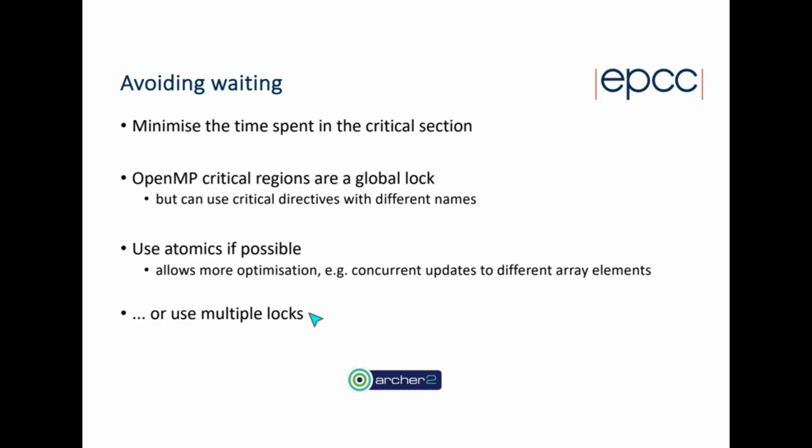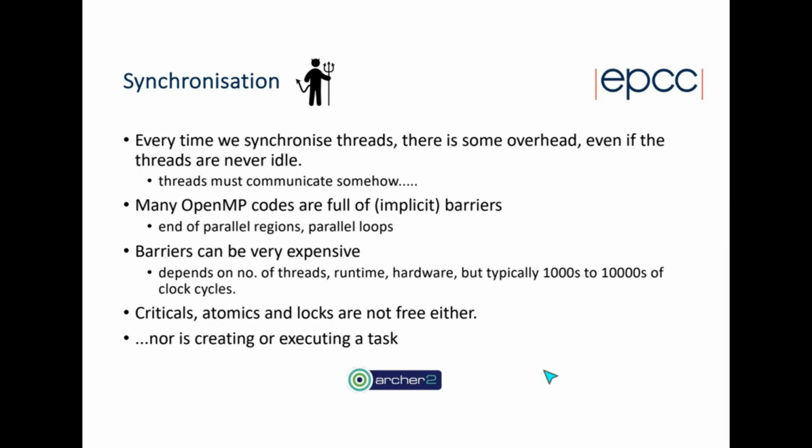Or potentially, if you've got lots of different pieces of data you want to protect, you might say, okay, I'm going to use multiple locks rather than the single global lock that critical regions use. Okay, so that's sequential code and idle threads.